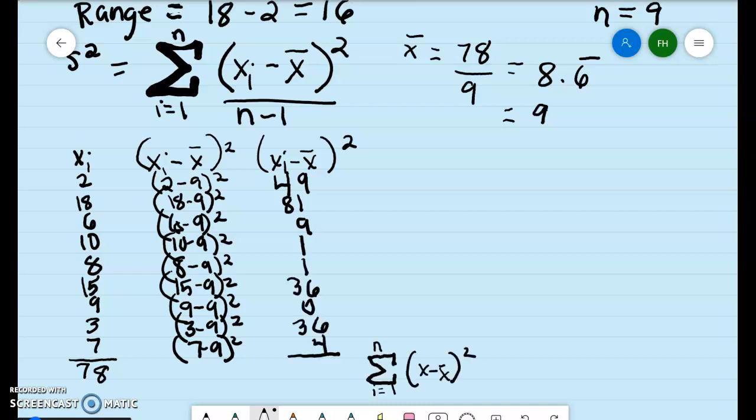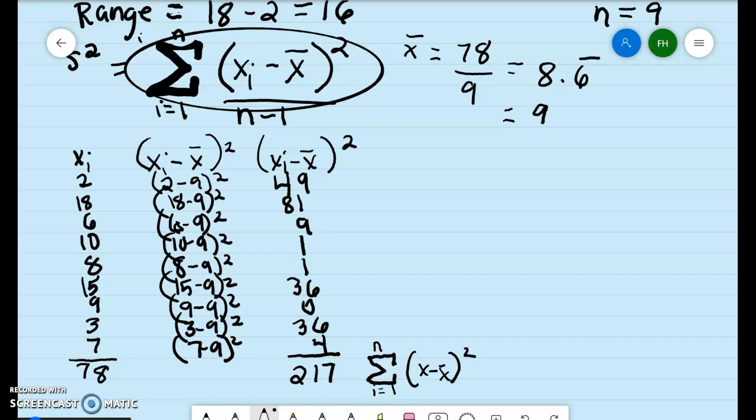Okay, once you get your difference between your data values and your mean squared, remember your formula up here says we are going to sum the differences squared. So I'm going to add these up, and I'm going to get 217.